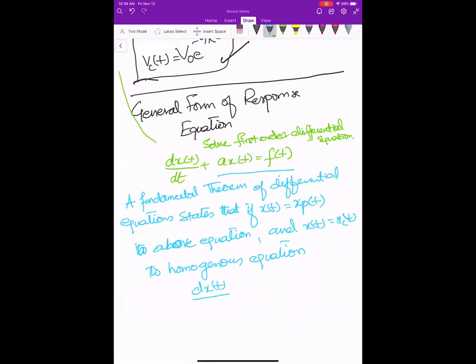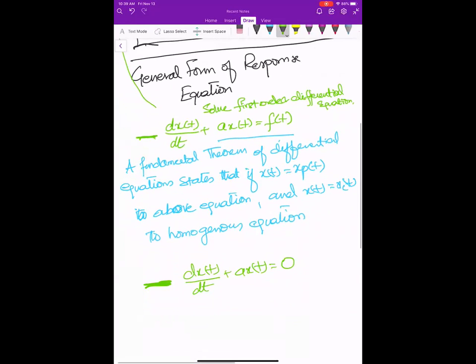So the homogeneous equation here is the equation which is equal to 0. Right? So this is the general equation. This is the homogeneous equation. And we said that the solution of this equation here is xp of t, and the solution to this equation here is xc of t.